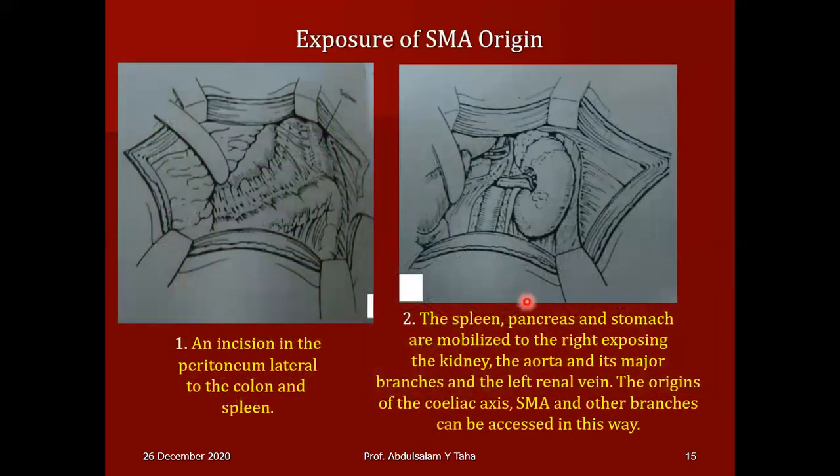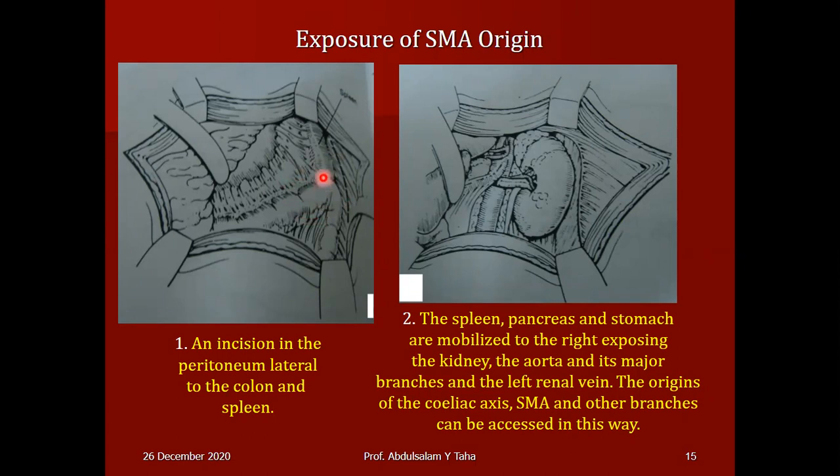Now, if we go back to the superior mesenteric artery, which is one of the branches of the upper abdominal aorta, how can it be exposed? We mentioned the left thoracophrenolaparotomy approach, and we mentioned the retroperitoneal exposure, and now through the transperitoneal exposure or through the laparotomy, we can also explore the origin of this vessel by making an incision in the peritoneum lateral to the colon and spleen.